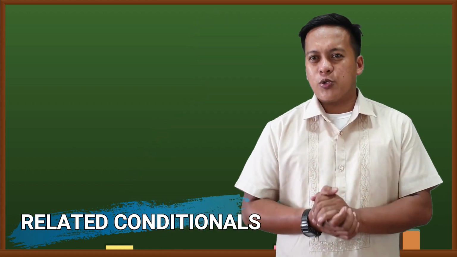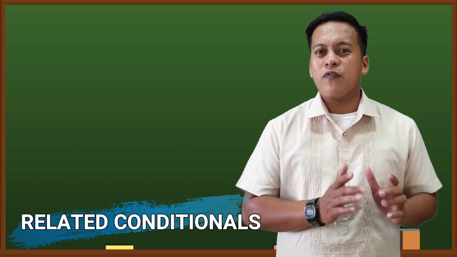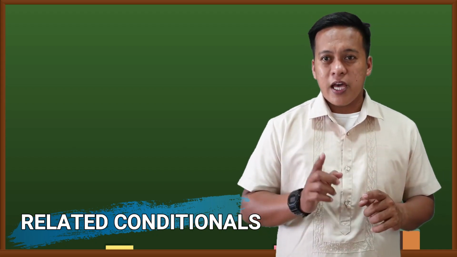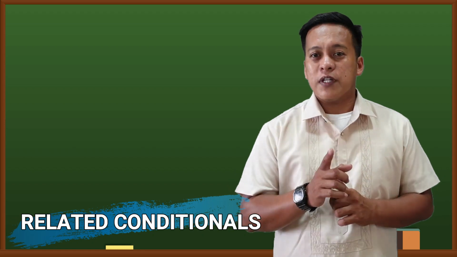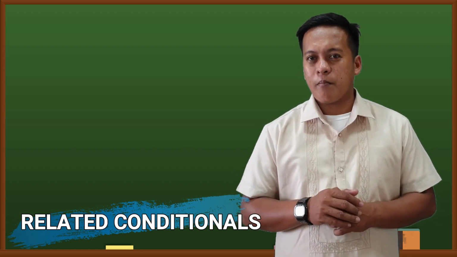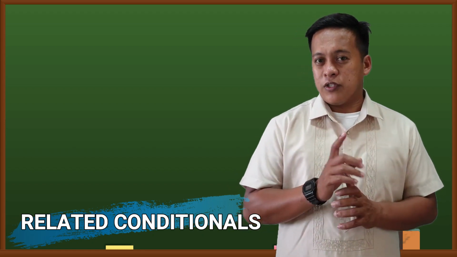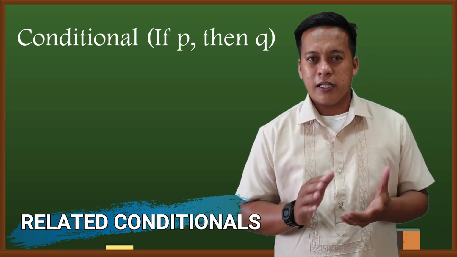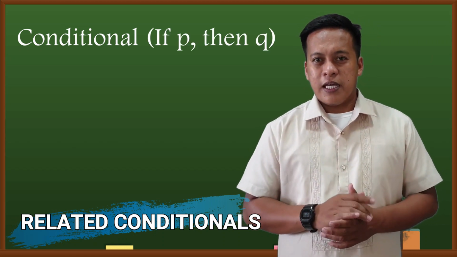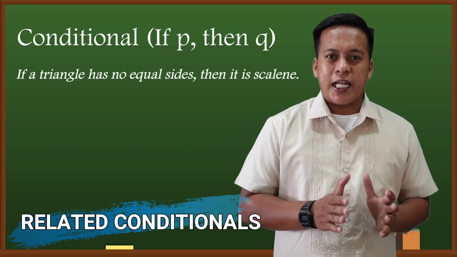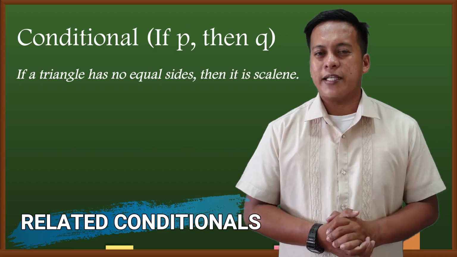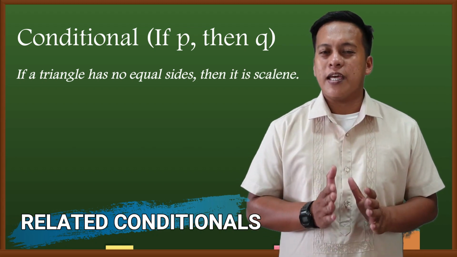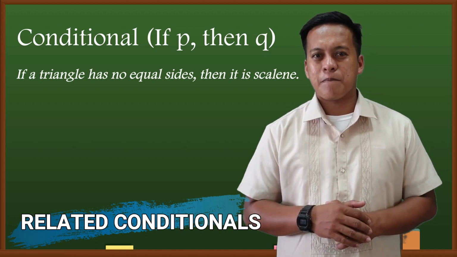For example number 2, write the converse, inverse, and contrapositive of the conditional statement. Conditional: if P, then Q. If a triangle has no equal sides, then it is scalene.